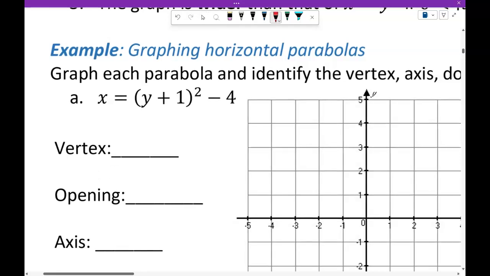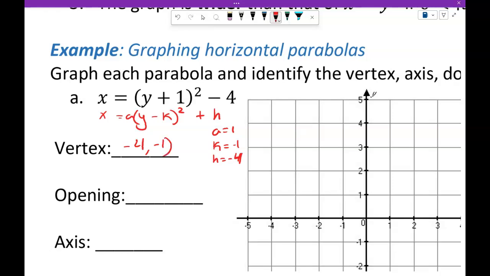When we compare it to our formula of a(y minus k) squared plus h, we see we have an a value of 1, a k value of negative 1, and an h value of negative 4. Since our vertex is h, k, our vertex is negative 4, negative 1.